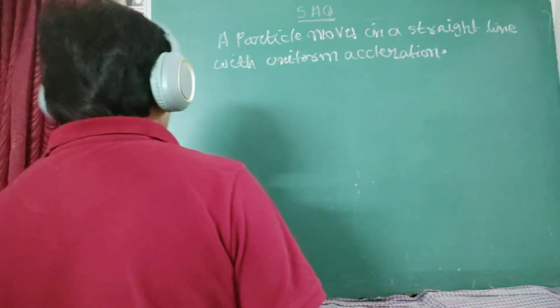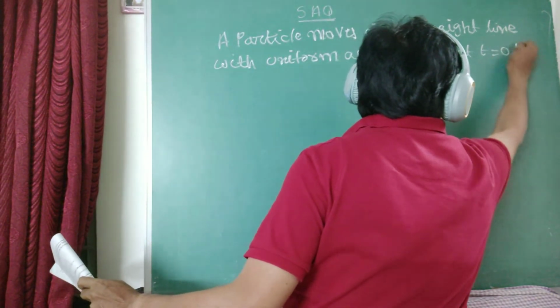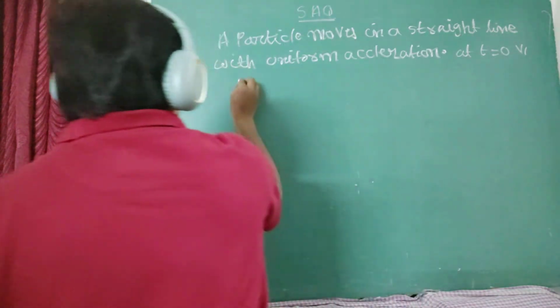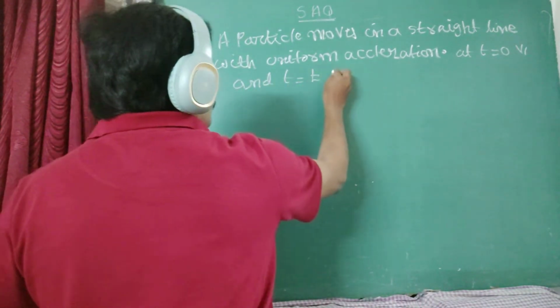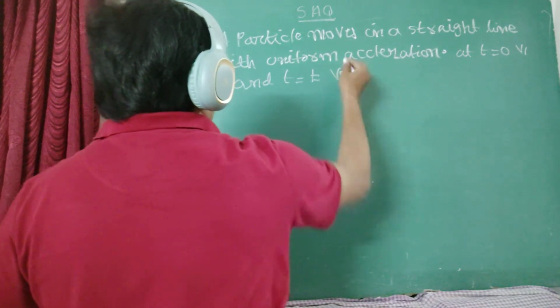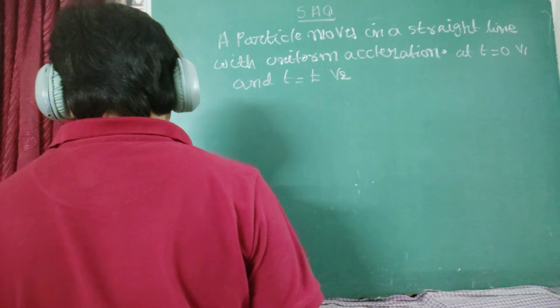At t equals 0, its velocity is v1, and at t equals t, its velocity is v2.